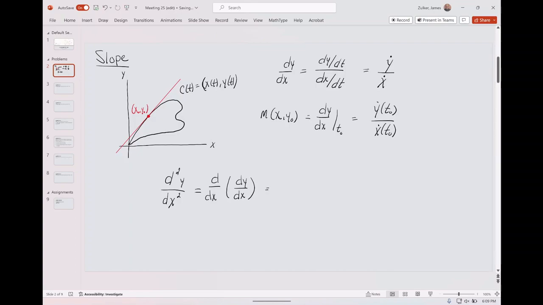I believe I've derived it. If not, I think it's left as an exercise. It's x dot y double dot minus y dot x double dot all over x dot squared.